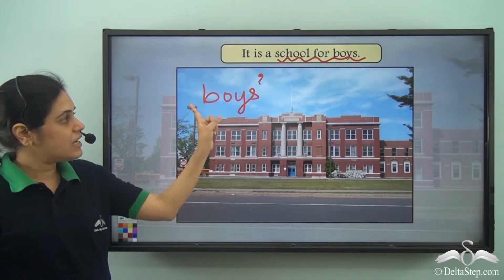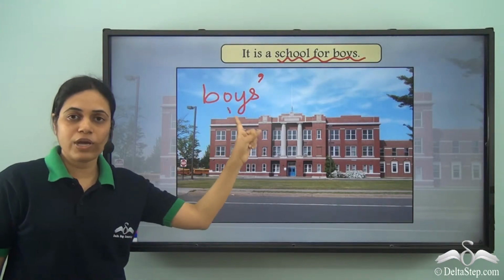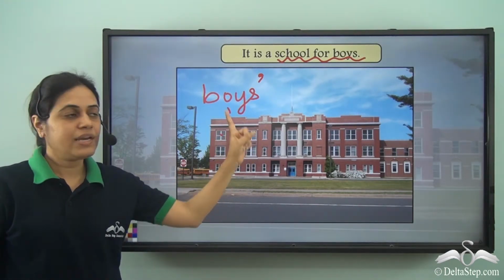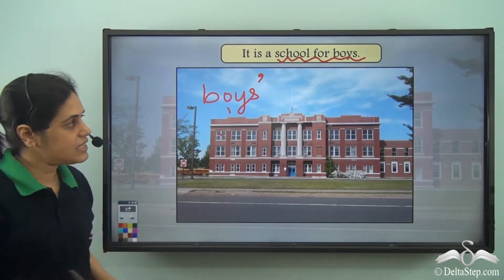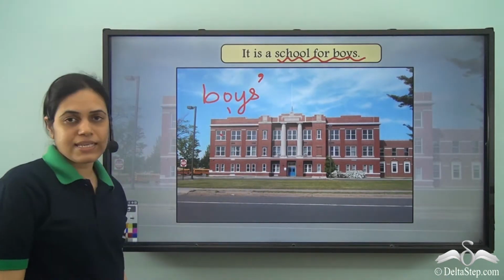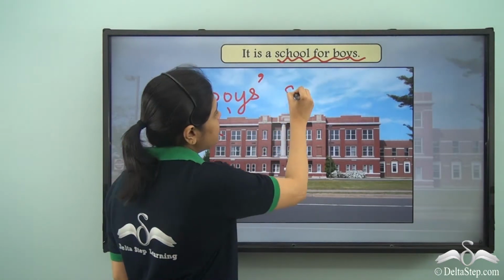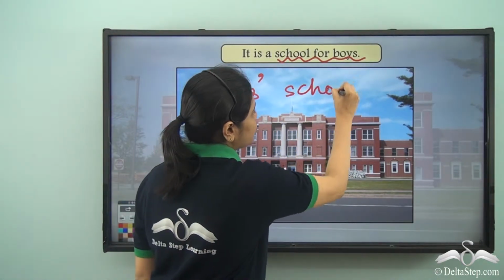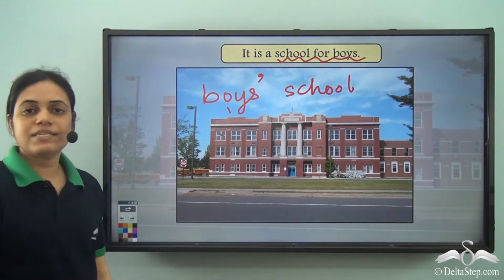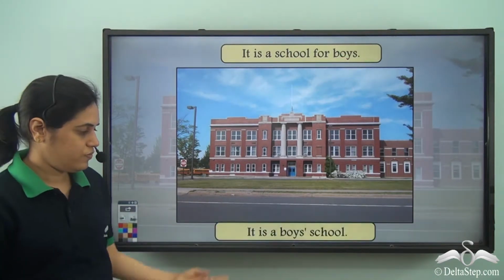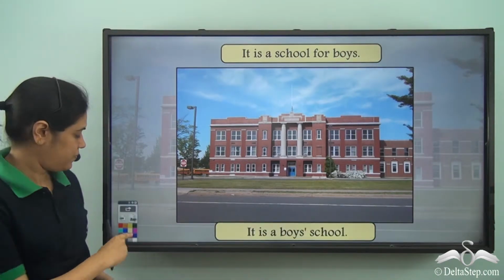And since boys is the plural of boy, a plural ending in S, I don't need to put an S after apostrophe. So it becomes boys' school. It is a boys' school.